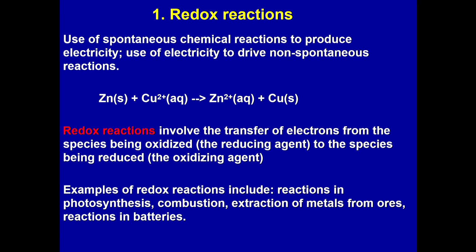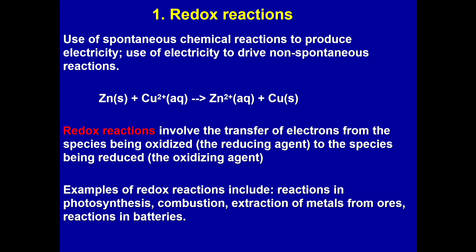In the last chapter, we introduced spontaneous reactions, and we also learned how to determine whether a reaction is spontaneous or not. Basically, we can use delta G, right? What's delta G? Remember?